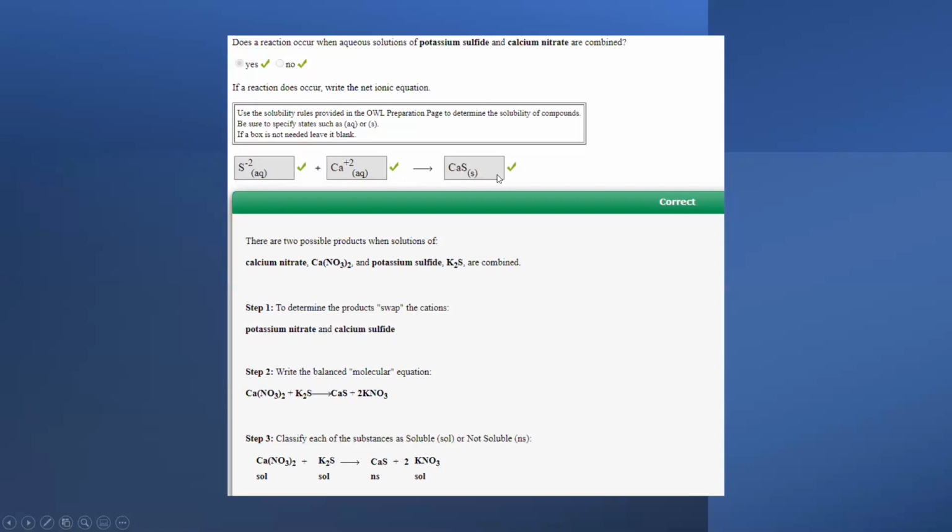Then in this case, you have a net ionic equation since calcium sulfide is non-soluble.